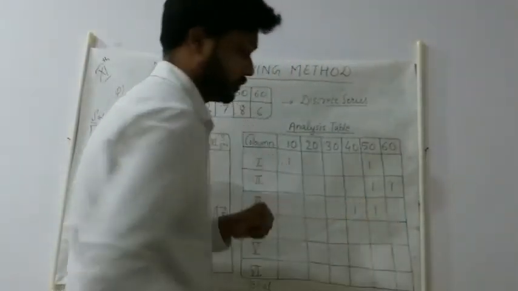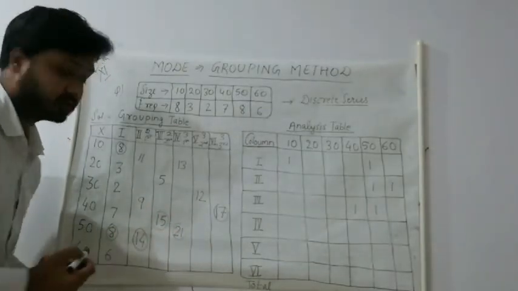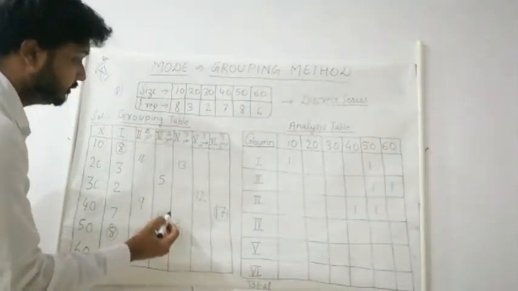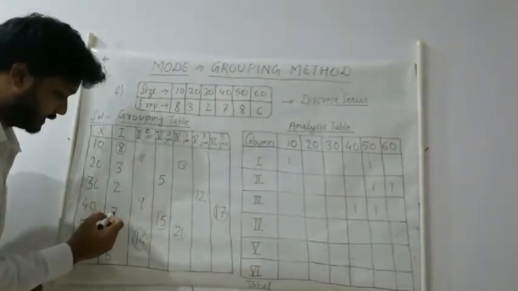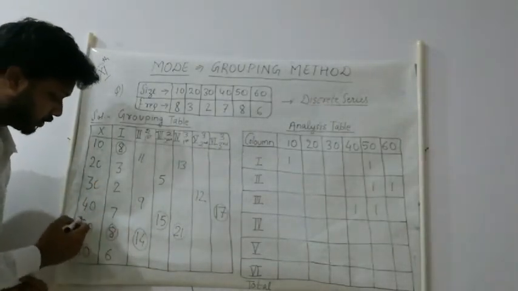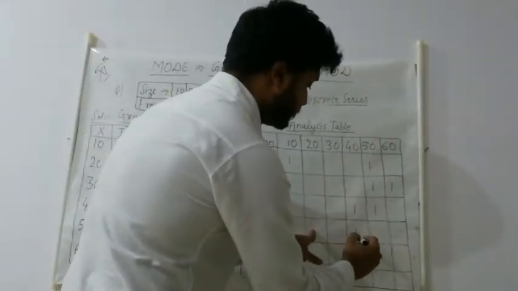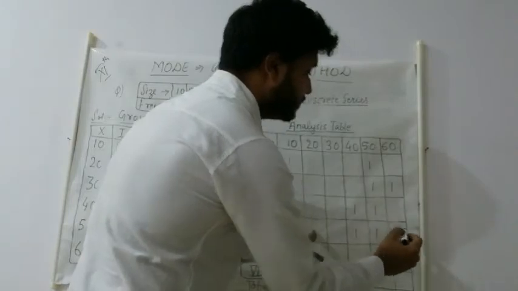Okay. Then here the highest value is 21. How did we get 21? By making a pair of 3. So these 3 numbers 7, 8 and 6 are part of 40, 50 and 60. So we will mark here in 40, 50 and 60. Okay.